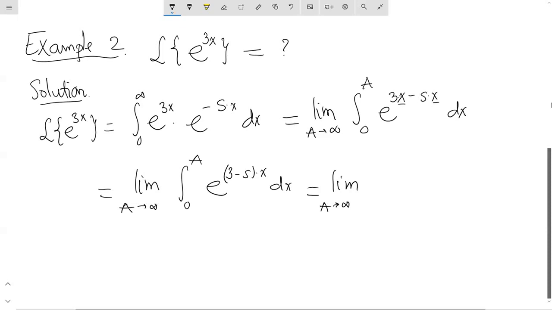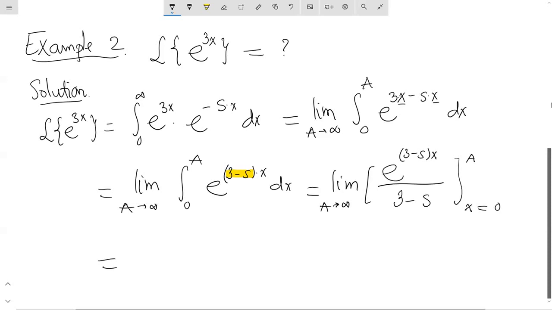The variable of integration is x, so the antiderivative of e to the 3 minus s times x will be the same exponential, e to the 3 minus s times x divided by the constant in front of x, so 3 minus s here. x goes from 0 to a.